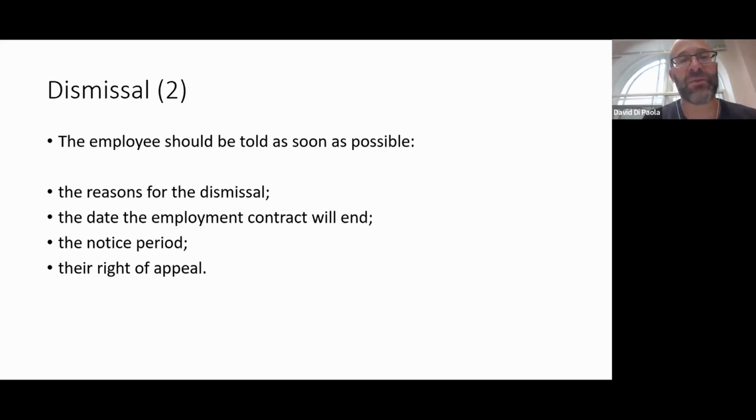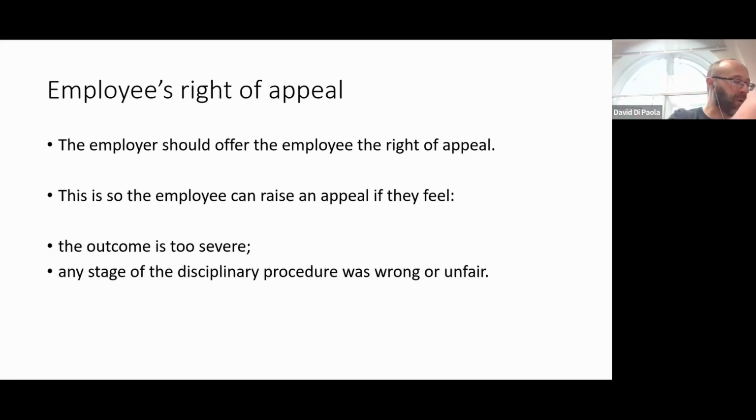Certainly, if you go to an employment tribunal and you've not given the person the right to appeal a decision of gross misconduct, you are putting yourself at quite a significant risk that an employment judge might say, was this procedure you followed a fair one? Should you not have given them the right to appeal? So yes, always make sure that is included as well.